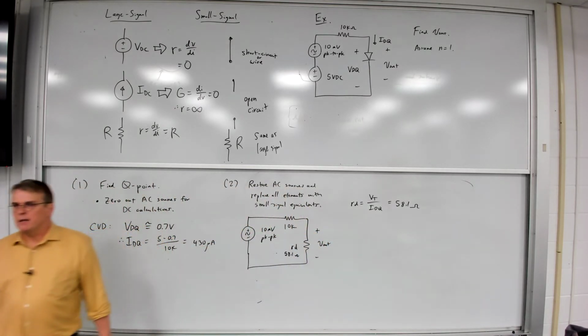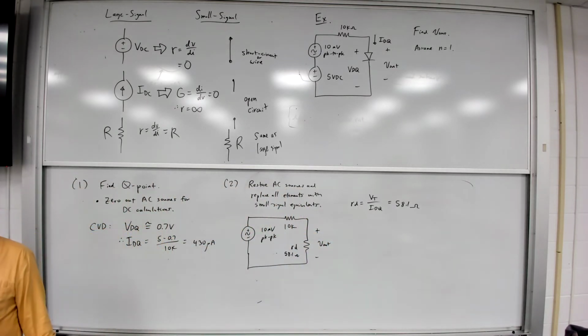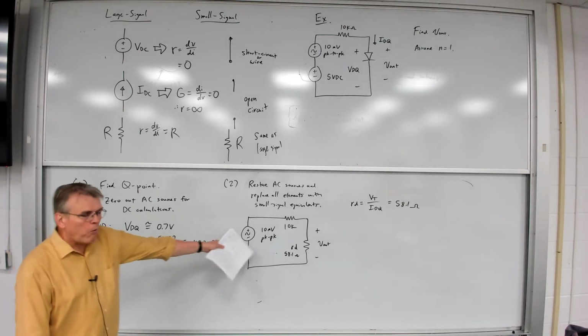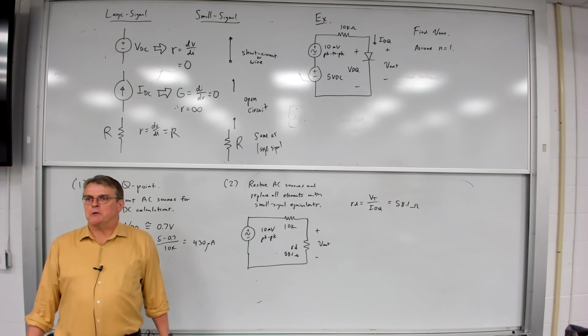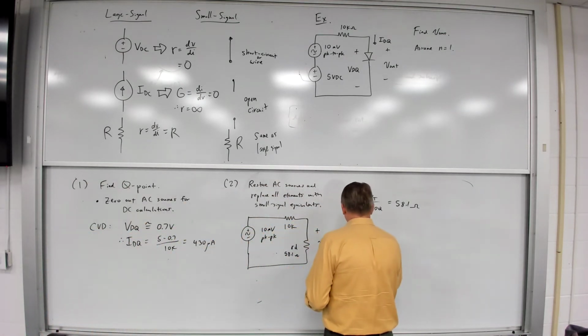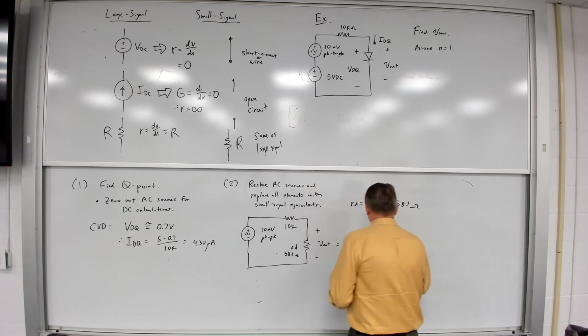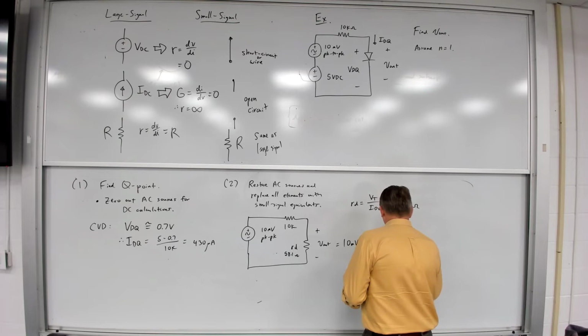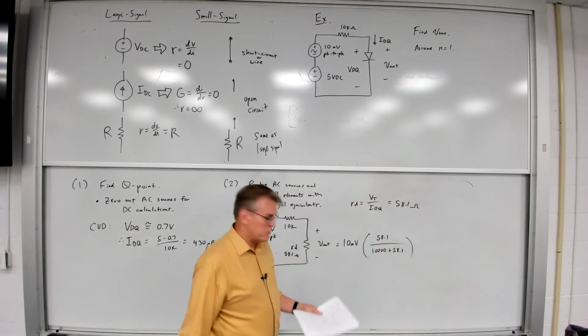Now, how do I calculate V out? I could do nodal analysis, I could do voltage division. There are 1,000 ways to do it. At this point, this is nothing but linear circuit analysis. So in this case, I'll just say that V out is equal to 10 millivolts times 58.1 divided by 10,000 plus 58.1. I'm just using the voltage divider equation.